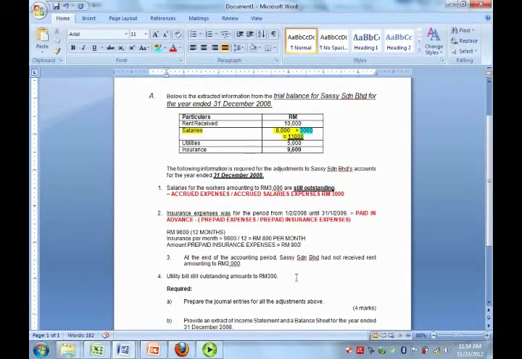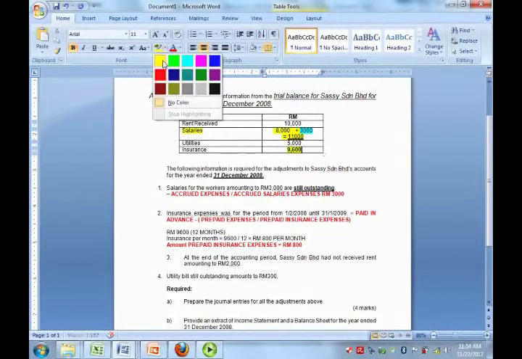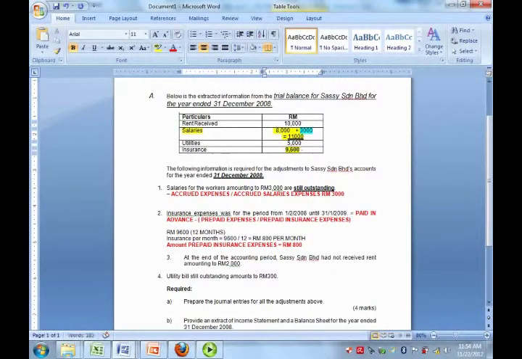So in the scenario of prepaid, what do you have to do to your old trial balance, class? Yes, you need to minus. Class, minus with 800. Because we cannot put the 800, because that belongs to January 2009.